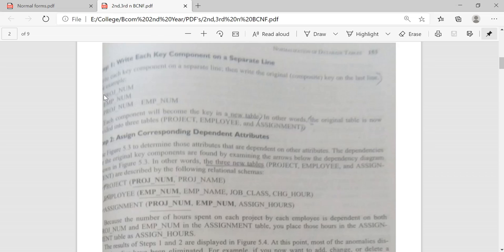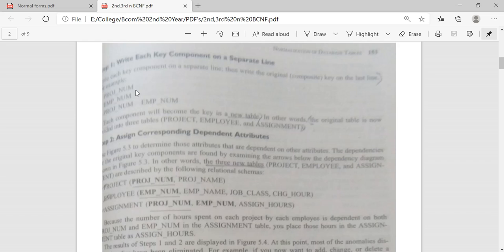So each attribute that you have written separately on separate lines will be treated as a key for a new table. In other words, the original table is now divided into three tables: project, employee, and assignment. So just by writing the attributes separately on separate lines will solve our problem.